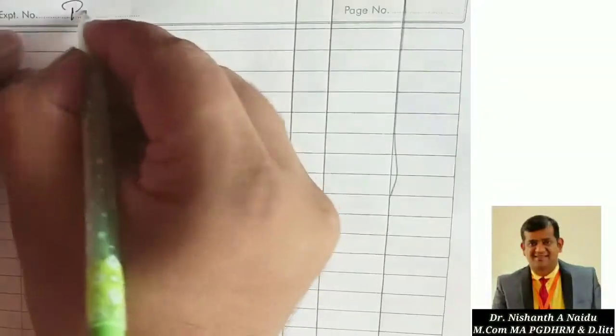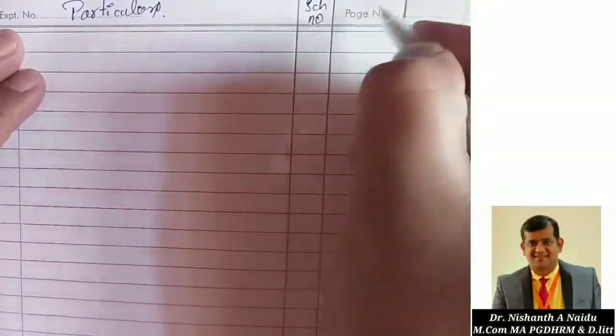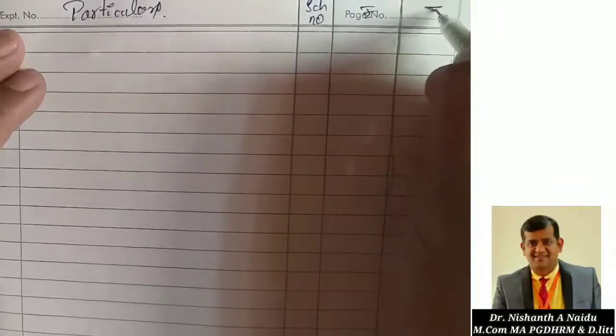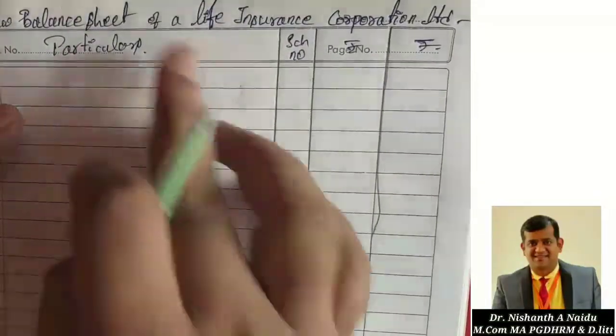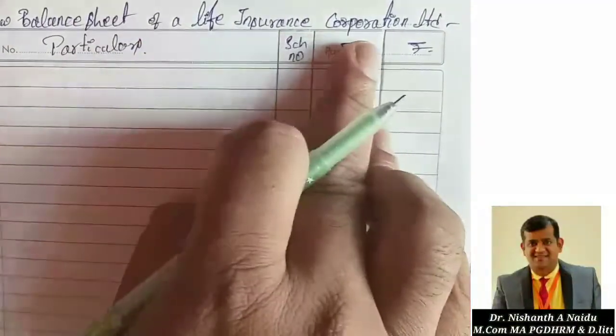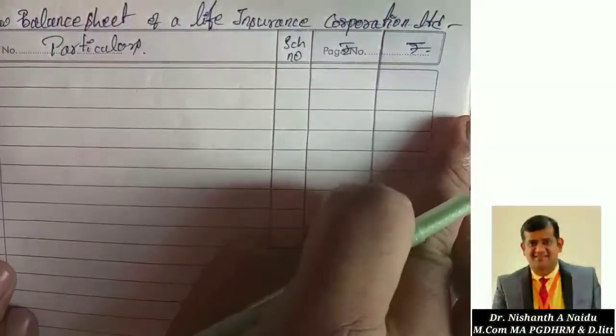So particulars, schedule number, rupees and rupees. Are you all ready? New balance sheet of Life Insurance Corporation Limited, particulars, schedule number, rupees and rupees.